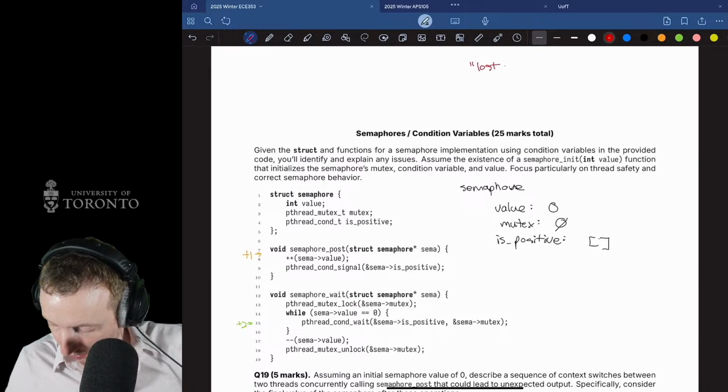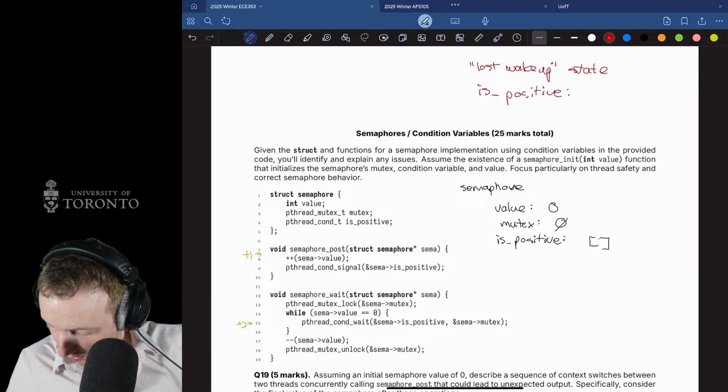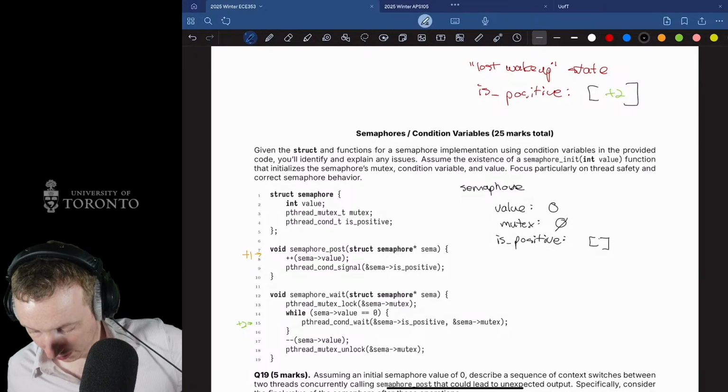In our lost wake up state, it should probably look something like this. The value is positive, the queue just has thread 2 in it, and thread 1 is done executing, right?